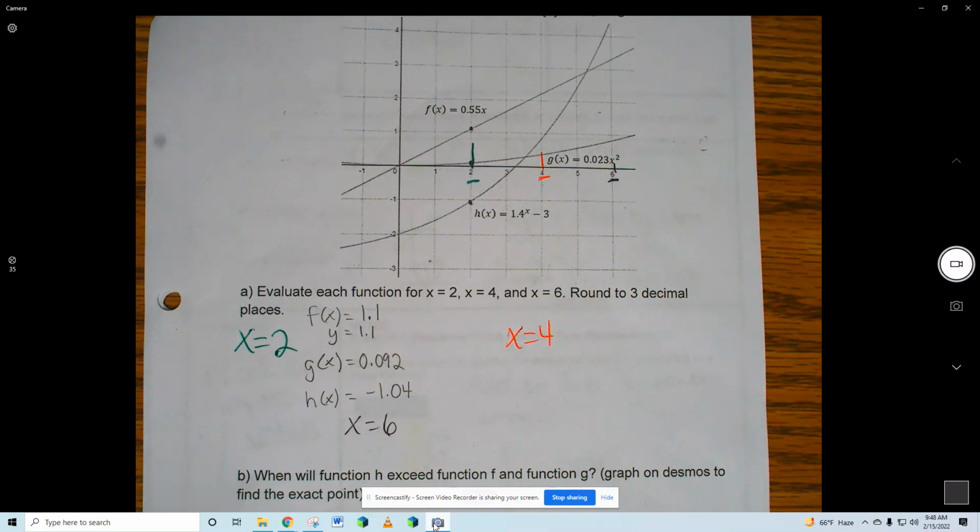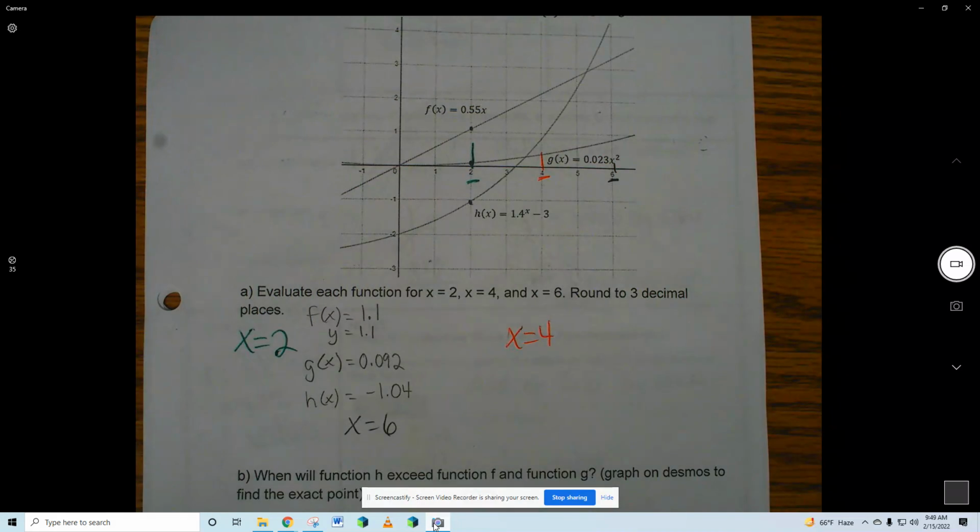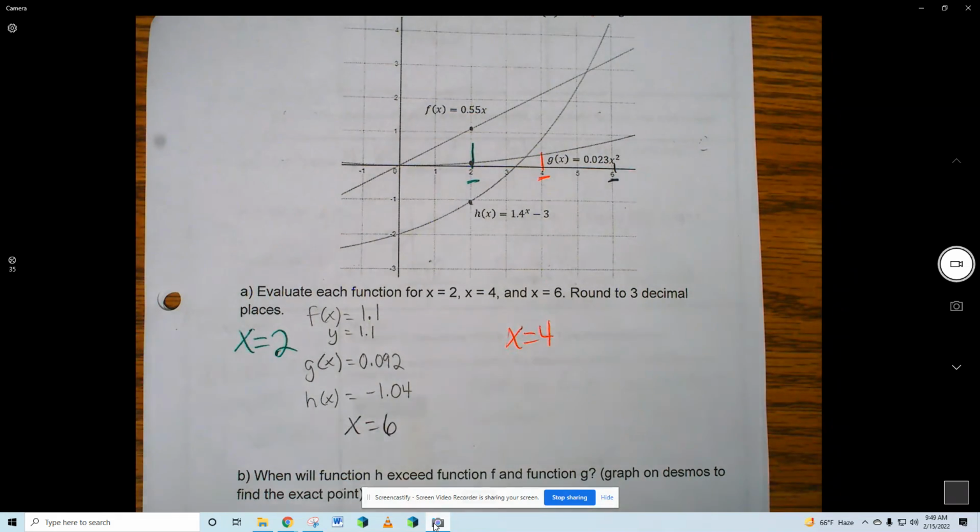So go over to 4, my red line. Tell me what each line is at for the y value. You zoom in and click on it with your finger. All right, I'm going to stop the video. You are responsible for doing 4 and 6 and then answering part B. That is your homework right now.